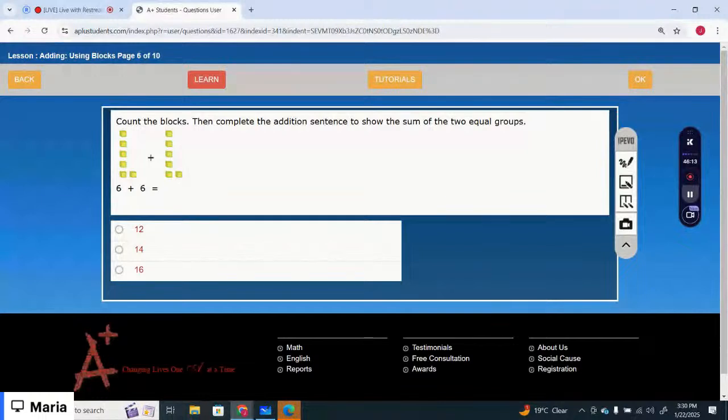Six plus six makes that is 12. Option number 1 is the correct option. Okay, you can complete the lesson by yourself later today. Let's just move on to the next lesson.